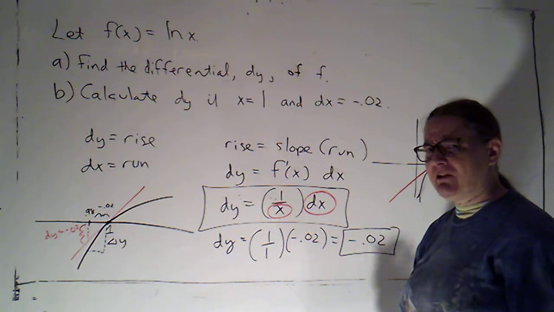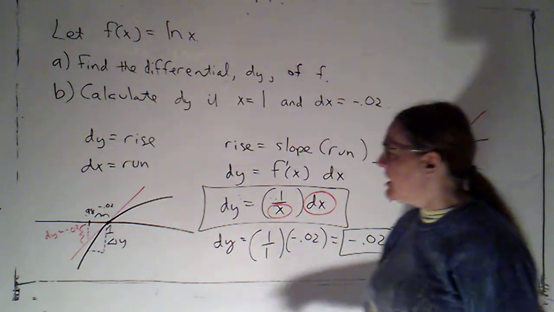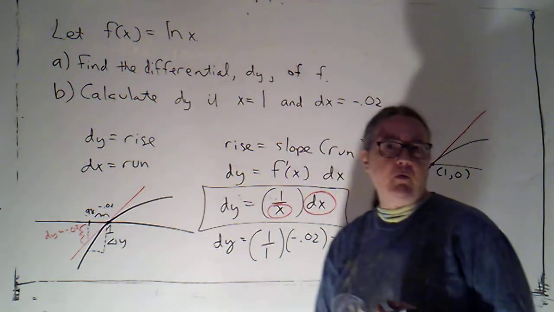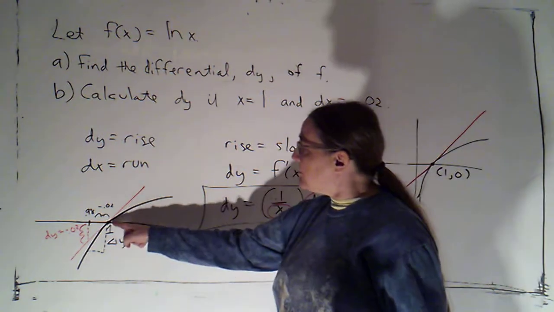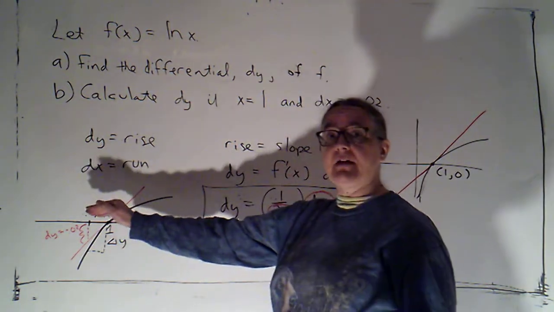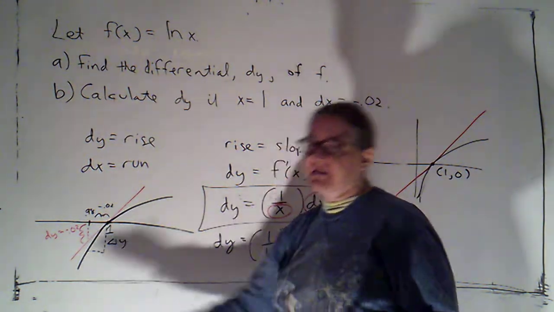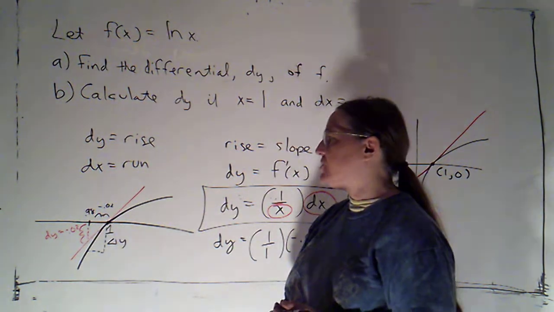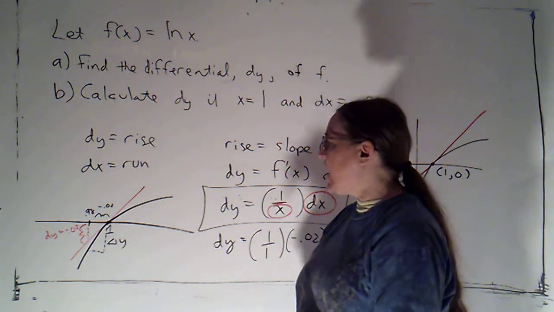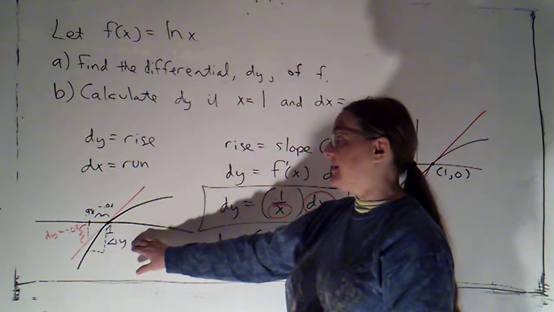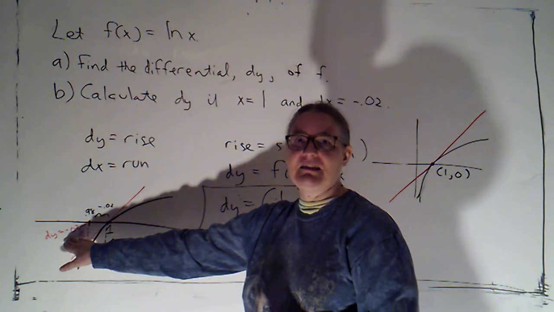It's kind of difficult to calculate without the aid of technology what the value is at 0.98. However, I can say, if I just go 0.02 to the left, I'm going to go approximately 0.02 down. So changing x by a little bit induces a change in y, and I could estimate that using this differential.